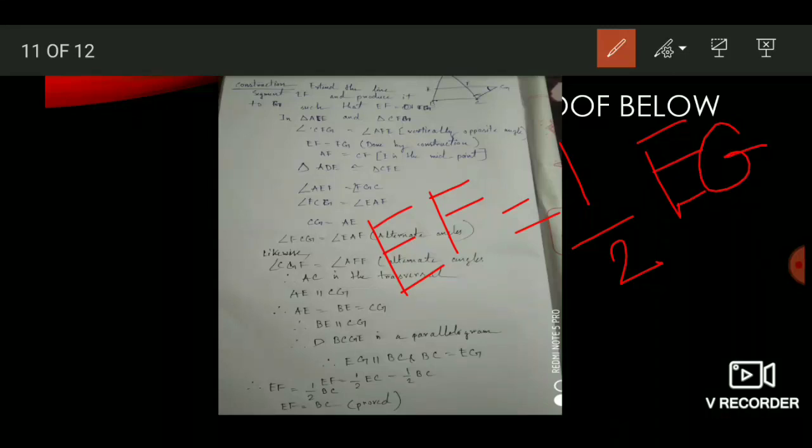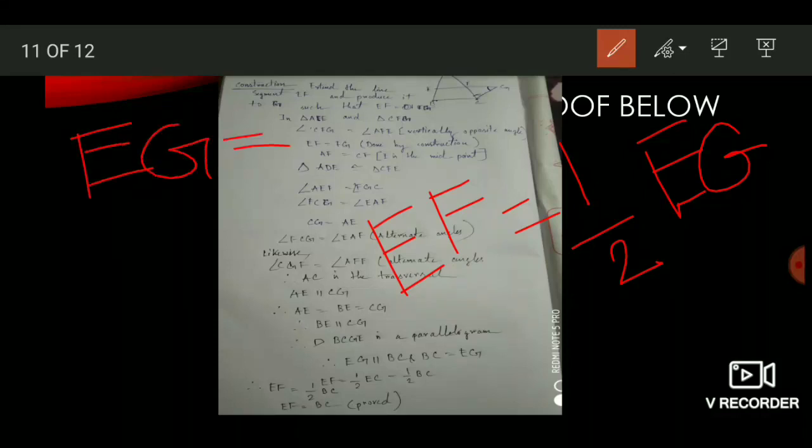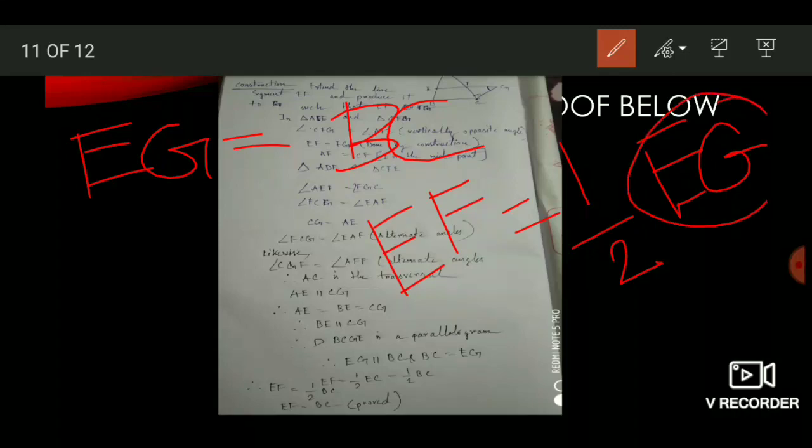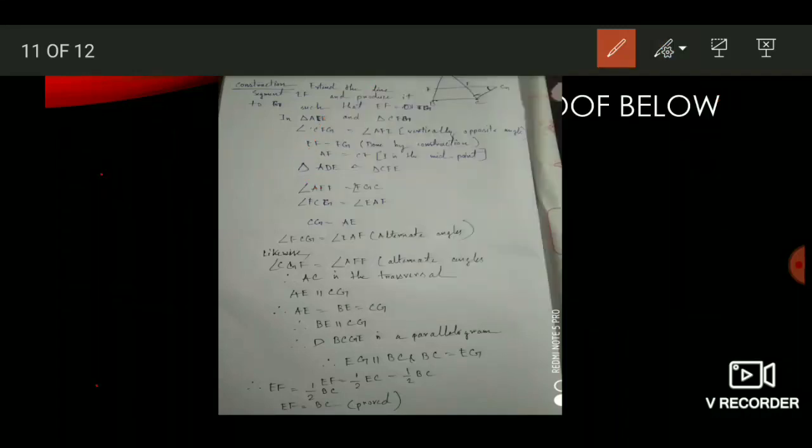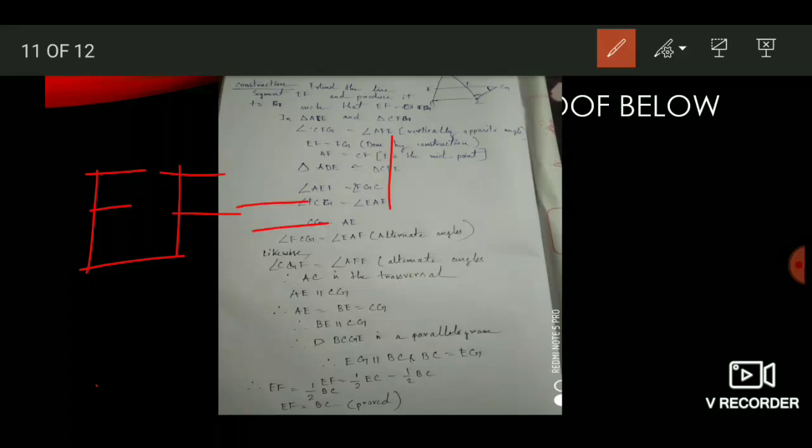We can write that because F is the midpoint. Now we know that EG equals BC. Now we only replace EG with BC, so it will be EF equals half of BC.